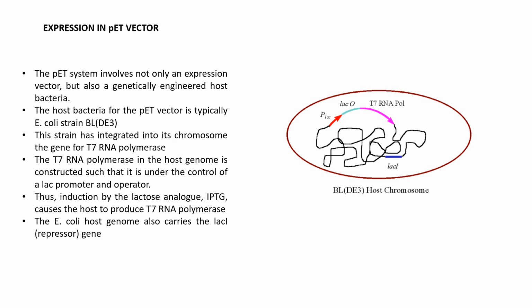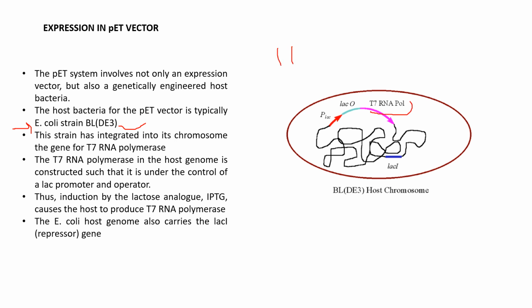The PET system involves not only an expression vector but also a genetically modified bacteria. The E. coli strain BL21 DE3 is used for the expression of heterologous genes using the PET system. What is modified in this host?